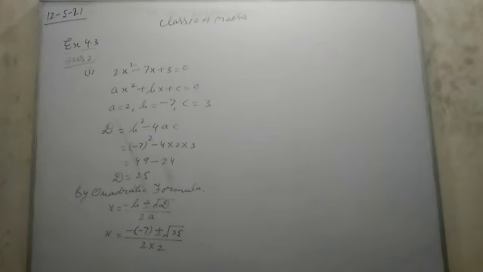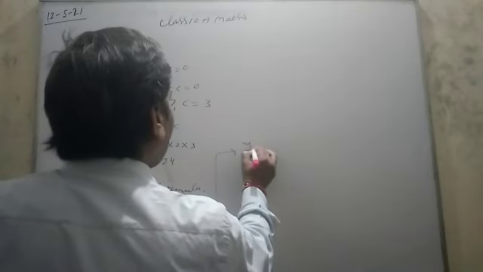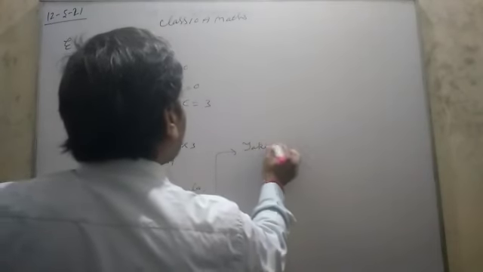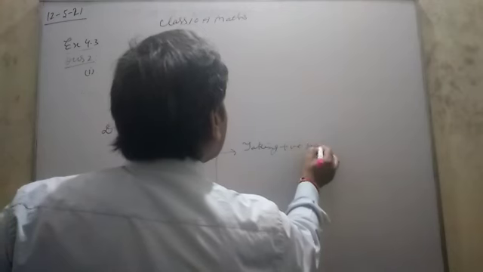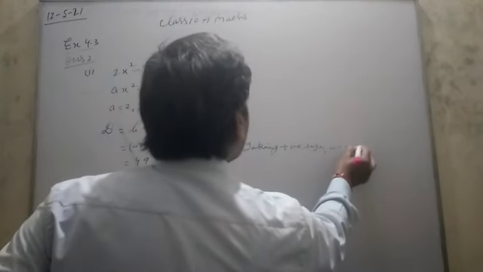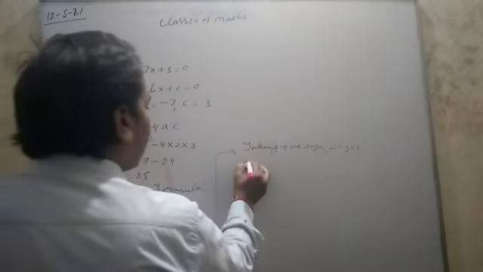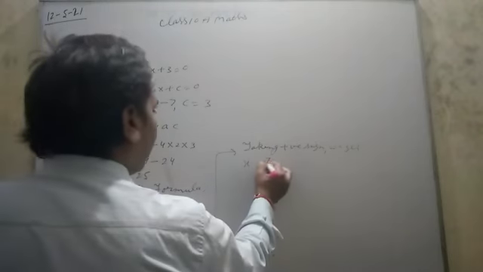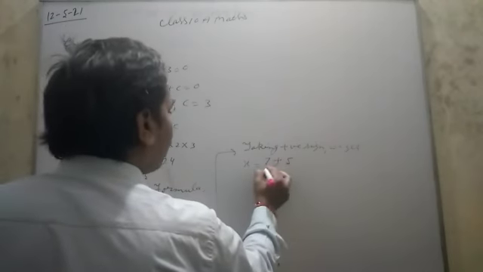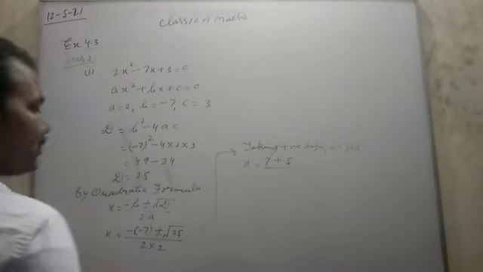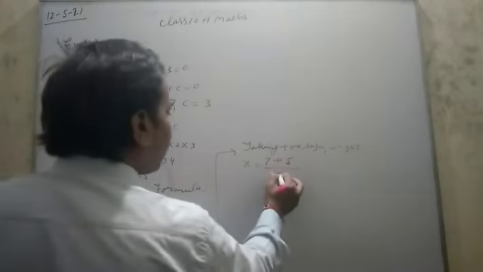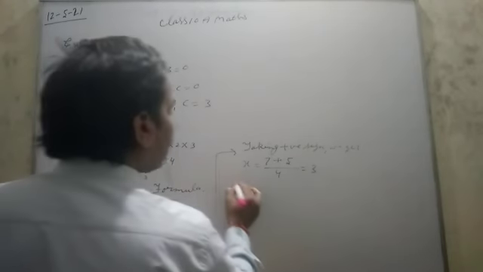Taking the positive sign, x is equal to 7 plus 5 upon 4, so 12 upon 4 is equal to 2.